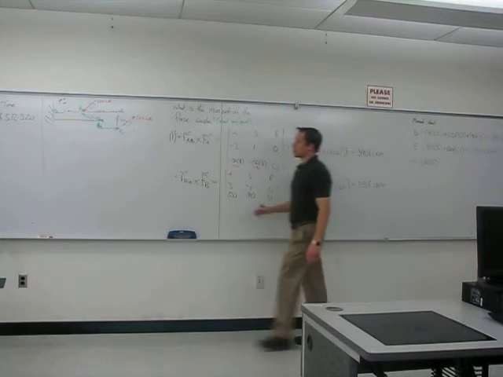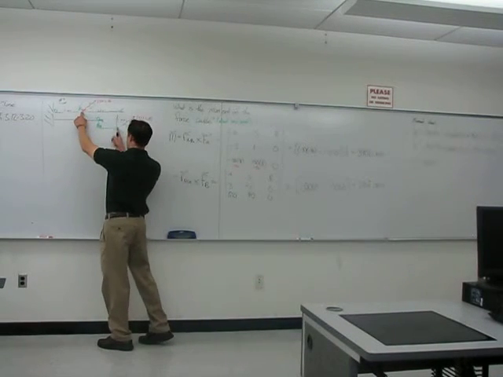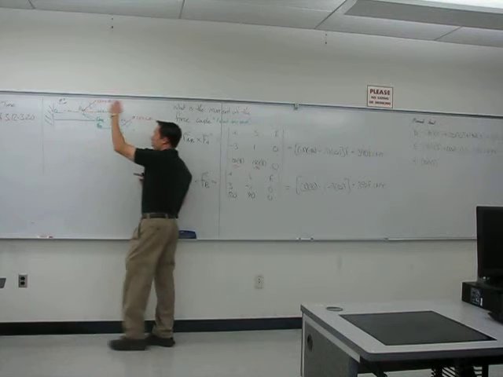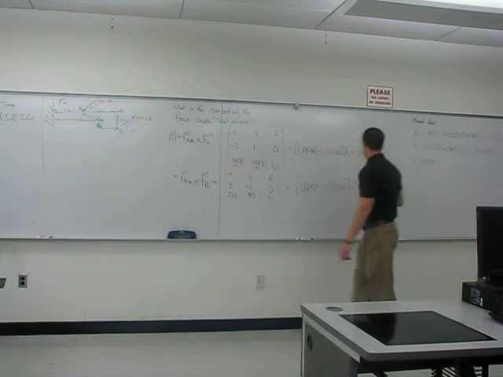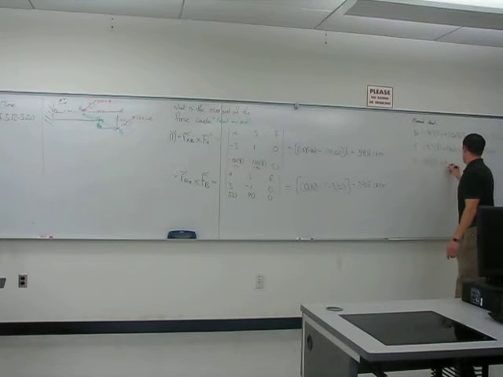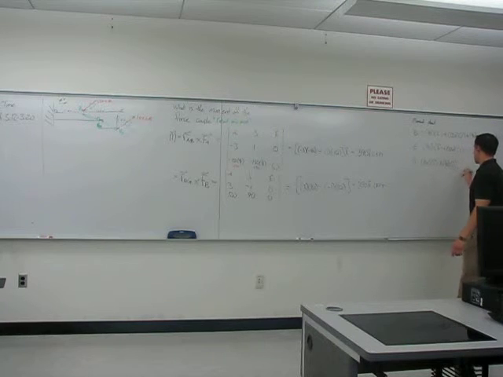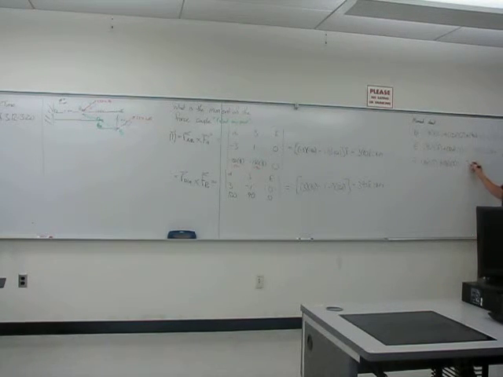Vertical component, push up on the point B, counterclockwise, magnitude is 90. Perpendicular distance is 3. The same numbers keep showing up all the time. 390 pounds per foot. Okay, guess what? If we did this around the point B, 390 pounds per foot.